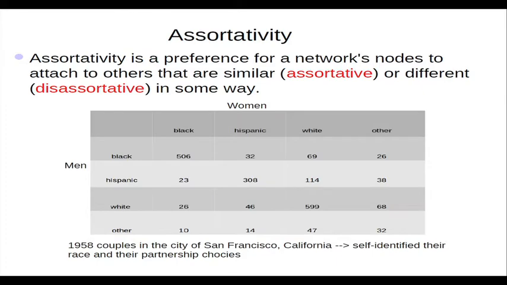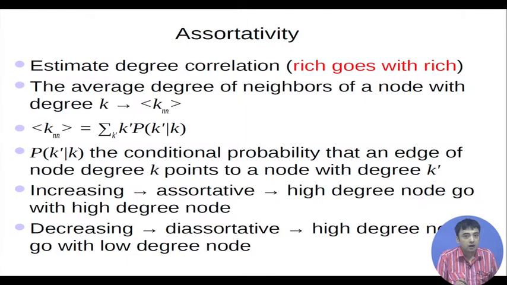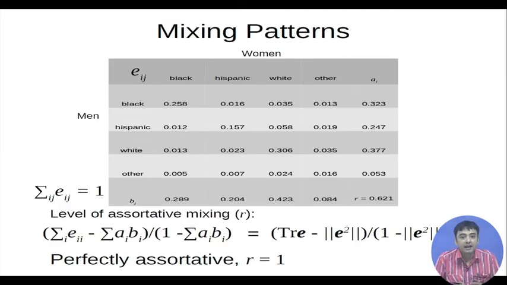Now, from this particular table that we see here, we will translate this table into a more normalized version. In this normalized version, each cell of this table, if you look at the slides, is normalized by the sum of all the entries across all the cells of the table.